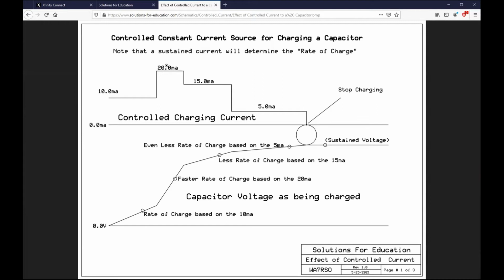So as I go to more current, I have a steeper slope. Less current, I have less slope, but it is still consistent. It is linear. As long as this is a straight line, this is linear. Are you with me here? It almost makes sense. But like I said, this is a mind bender for some people because they're so used to thinking in terms of, what about the voltage?